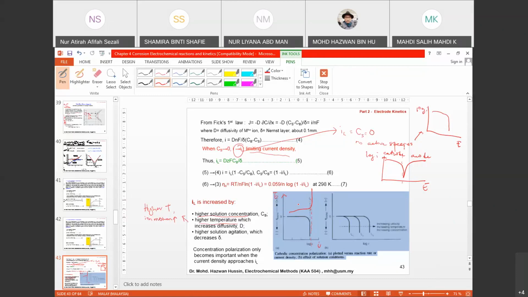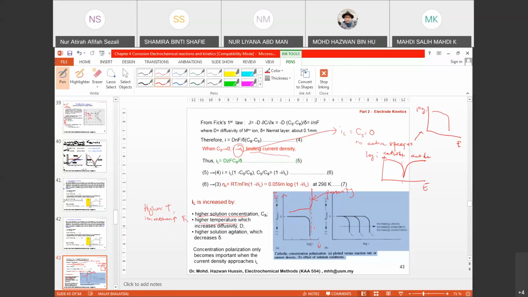As I said, if we have a flat current density at the anodic polarization, this will indicate that the metal experiences passivity. Meanwhile, for the cathodic region, when you have a limited current density, this can be for many factors.